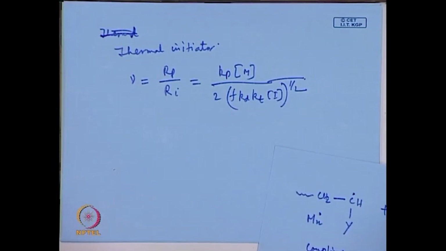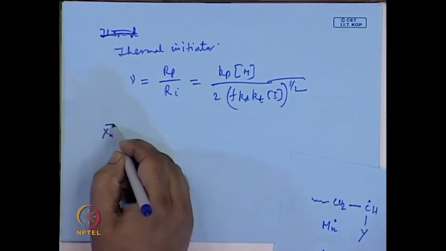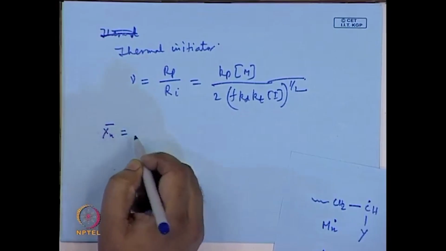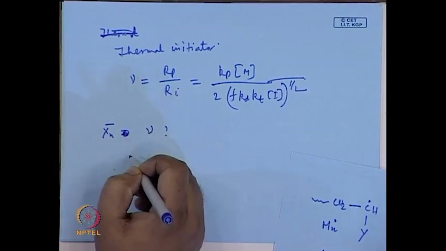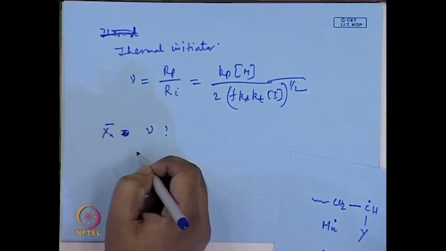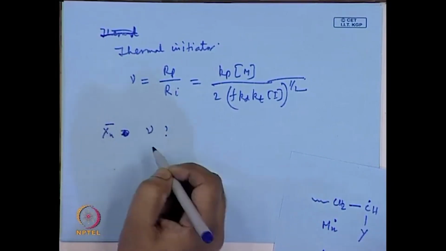So, what is the relation between the average degree of polymerization and this nu?